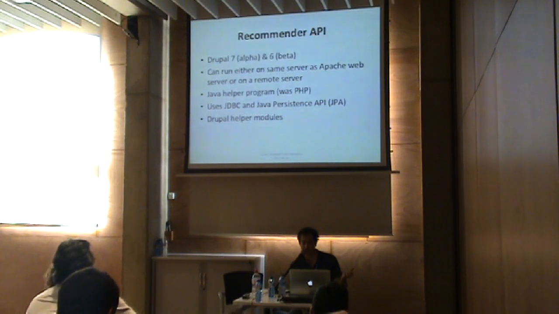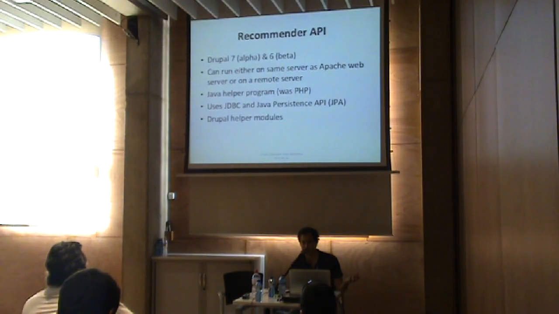It basically gets the data directly from your Drupal database, from the Recommender tables that it's set up according to its schema. And then the Java module is instantiated via cron script. There's a batch file if you want to run it on Windows via Cygwin.